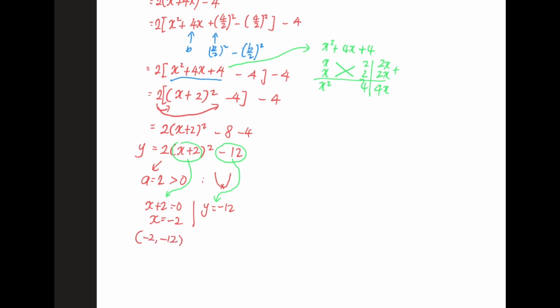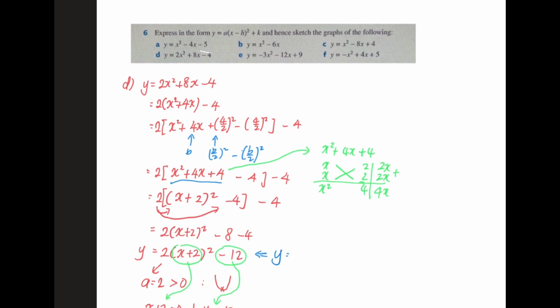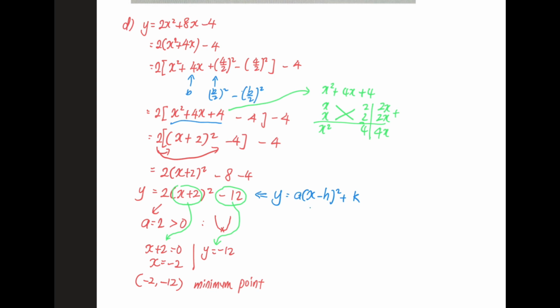What's the formula again? The formula for completing the square, I write it here. y equal to a(x minus h) squared plus k, and after that the stationary point is (h, k).